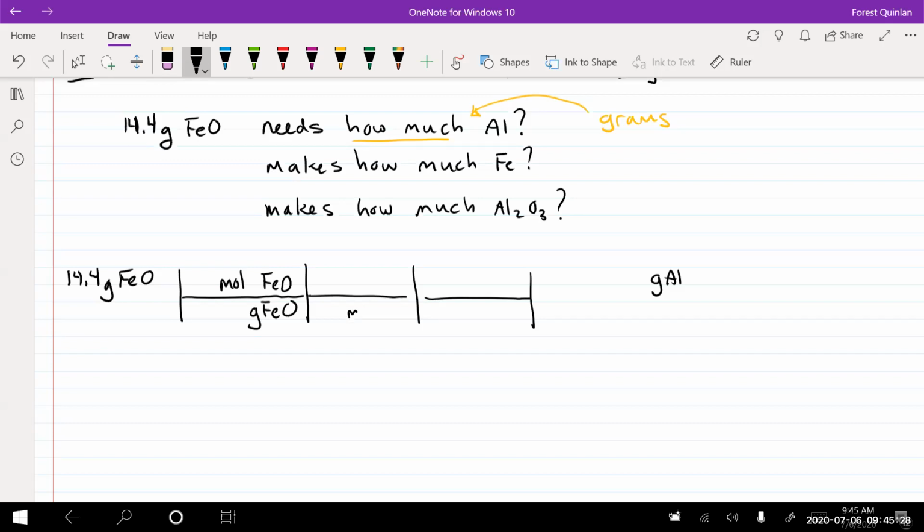So I'm going to put these moles of FeO on the bottom, and I will convert them to moles of aluminum on top. But I didn't want moles, I wanted mass. So again, playing with the units. Moles of aluminum on the bottom will go to grams of aluminum on top.